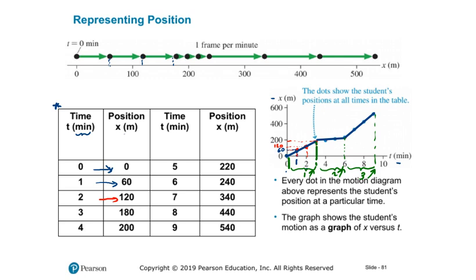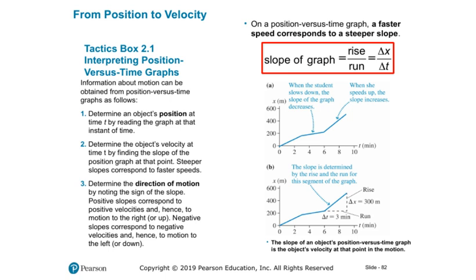That's how I read my graph, first of all. Second of all, I can say that this car increased its position quite quickly in the first 3 minutes, then it increases slowly up to 6 minutes, and then it increases its position even faster, from 6 to 9 minutes. I understand some things from this graph.